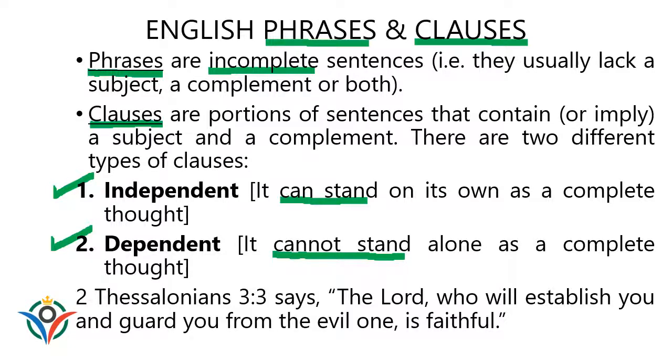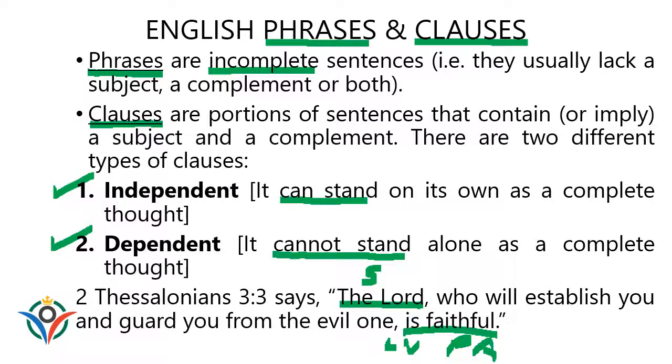So in this verse, we have an example of an independent and a dependent clause. The independent clause that can stand as a complete thought is "the Lord is faithful." All right, so there you have the Lord as the subject, is your linking verb, and faithful is your predicate adjective. So that sentence is independent and can stand by itself.